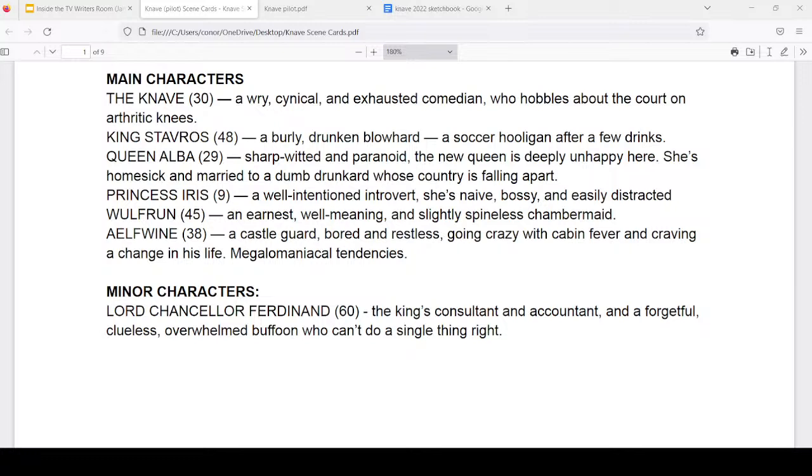He's like a soccer hooligan after a few drinks. He always wants to fight. He never backs down from a challenge. He's always trying to prove himself. He's actually pretty deeply insecure underneath all of that, but he's just a strong man who wants to drink with his friends, count his treasure, and conquer his enemies. So he's the kind of person who would need a lot of guidance to be a good king, and who will cause a lot of problems as the show goes on.